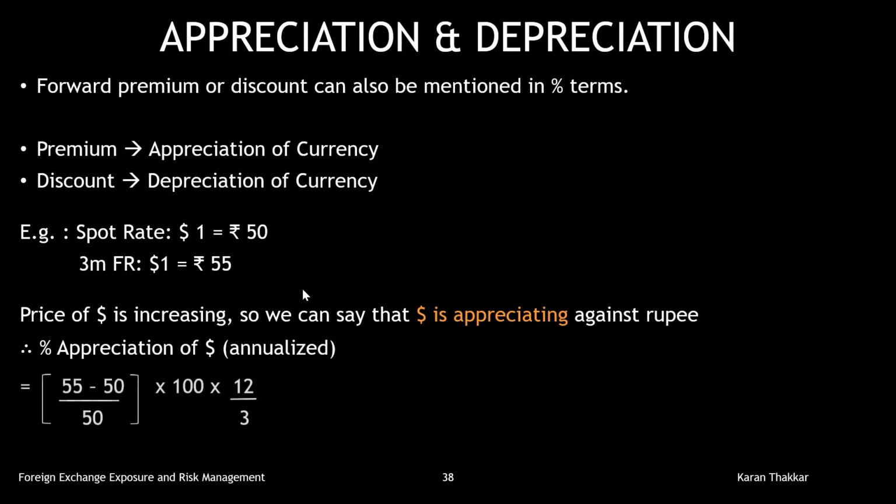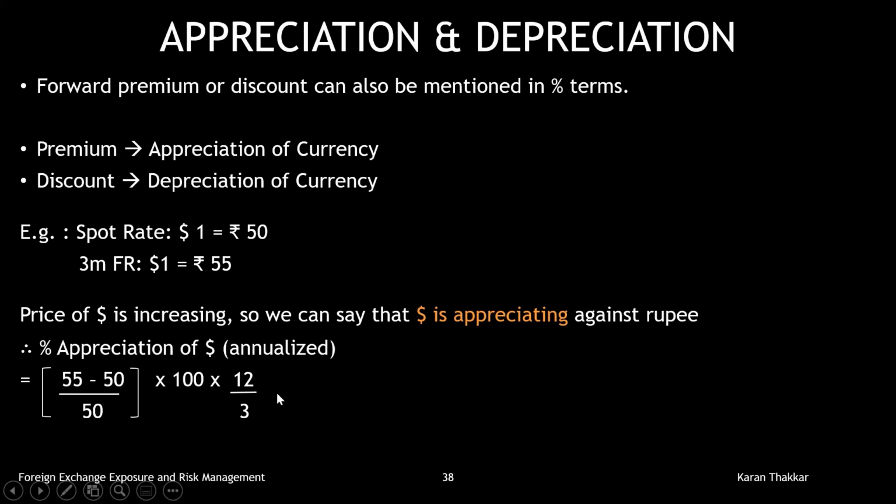So what we do is basically the change, that is 55 minus 50, upon original amount, which is 50, into 100 to get it into percentage terms, and we do 12 by 3. This is because we need an annualized number. This difference of 50 to 55 occurred within a period of 3 months, so what would it have been over 12 months?